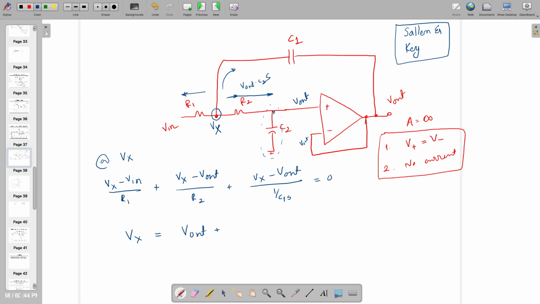Vx is equal to Vout plus Vout times C2s R2. Now Vx is already available to you in terms of Vout. Keep that here and find out Vout in terms of Vin and find the transfer function. Can you do that?